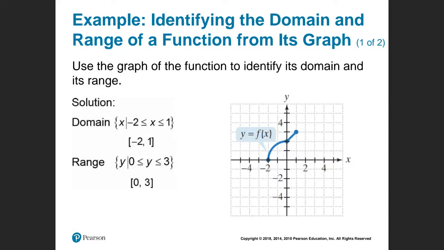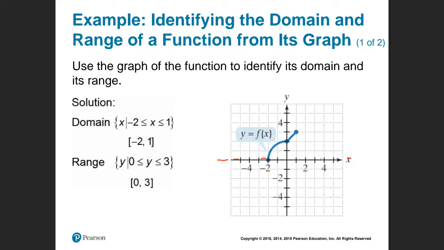Now, example. Use the graph of the function to identify its domain and its range. Remember, domain is x. Just focus with x. I just changed the color, red for x. Look at this one, everything x.